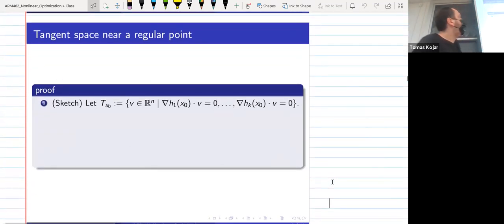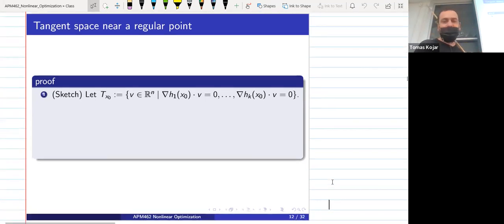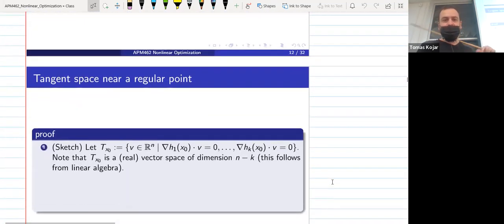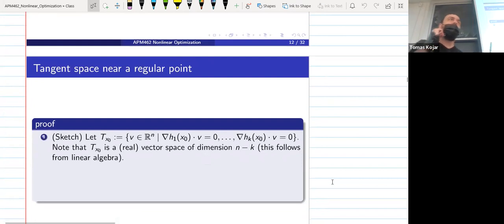Again, I'm going to prove to you that if the gradients are linearly independent, then you can reduce the tangent space to just computing these dot products, which is much easier. You don't have to look at the parameterizations, which is the actual definition of tangent space that you will see online if you Google it.